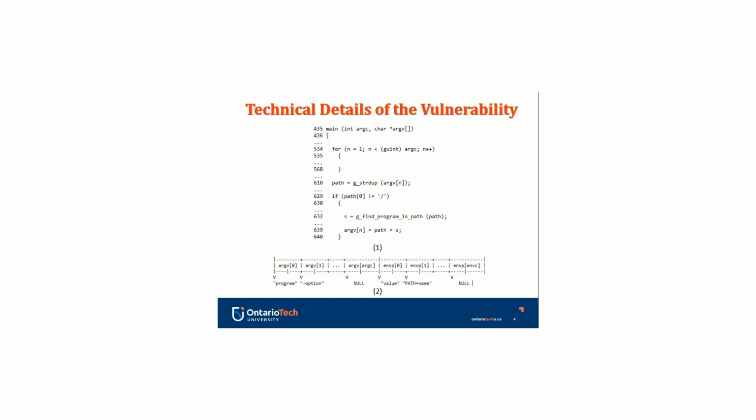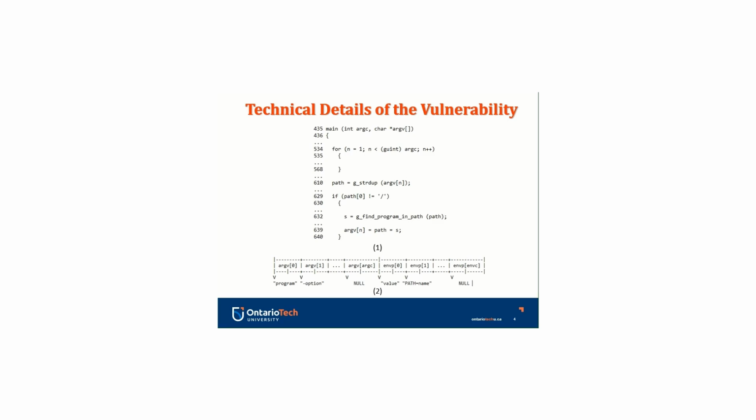Then find_program_in_path searches for an executable file named value in the directories of our PATH environment variable. If such an executable file is found, its full path is returned to the pkexec main function at line 632. Finally, at line 639, this full path is written out of bounds to argv[1], thus overwriting our first environment variable.